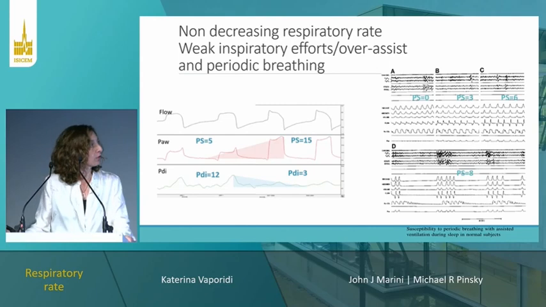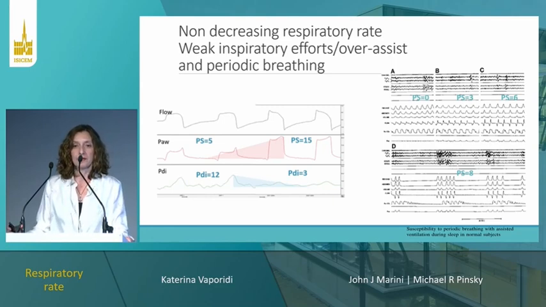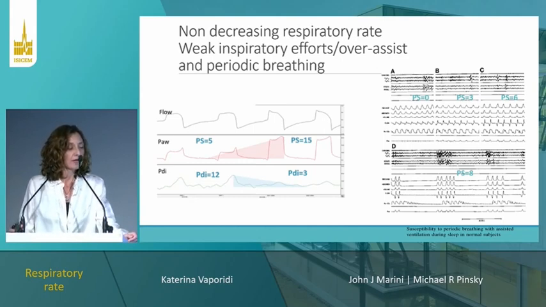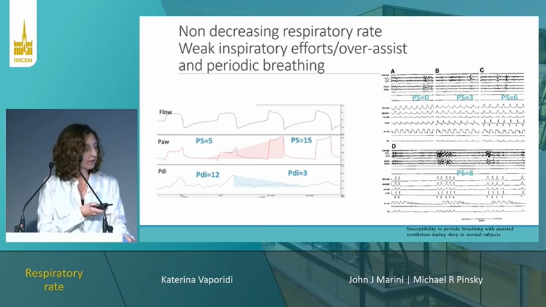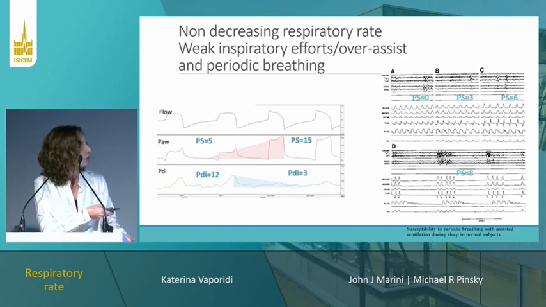And I'd like to, before closing, emphasize another problem, a non-decreasing respiratory rate, and how that may be injurious. Because our control of breathing system will not change the respiratory rate, will not decrease it; it will choose to decrease the magnitude of effort when assist provides adequate or excessive tidal volume. So this is my patient.